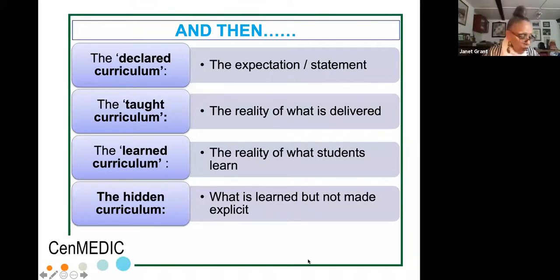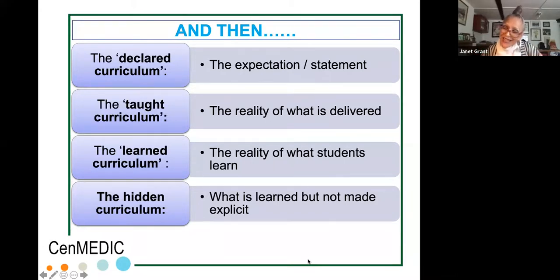So there are all these different aspects, which means that not only do you have to design your curriculum in a way that's appropriate for you, you then have to manage it in a way that's right for you and manage its implementation. And you also have to monitor and evaluate it to make sure that the declared, the taught, the learned, and the hidden curriculum are all understood.